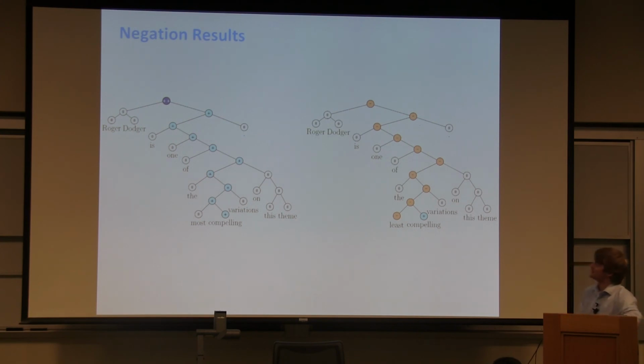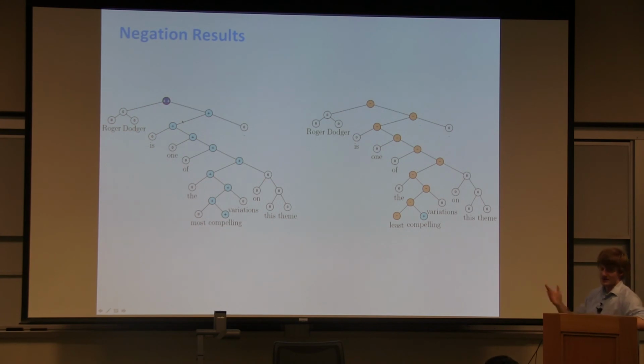So it started out with the sentence, Roger Dodger is one of the least compelling variations on this theme. And now we said, well, how could we make that sentence go from being so negative to being very positive? Well, just one word needed to be different. Instead of least compelling, we'll just change least to most. Most by itself is still a neutral word, but now this actually becomes a very positive sentence.